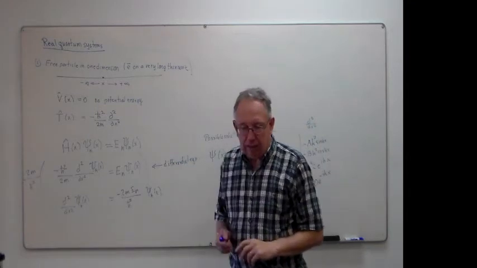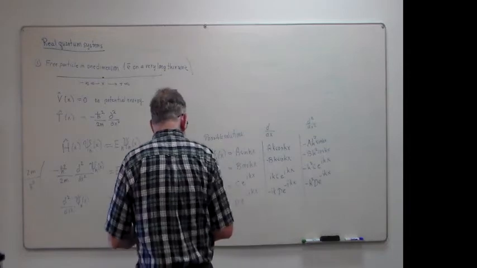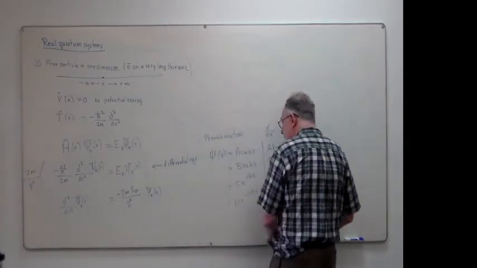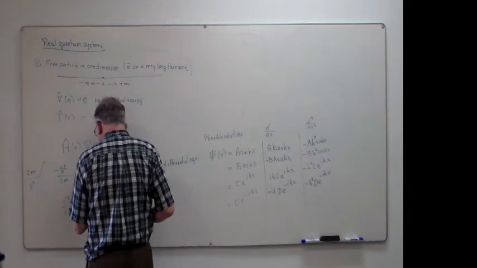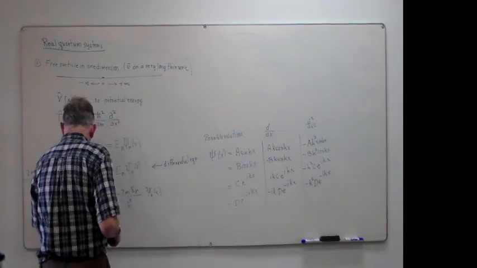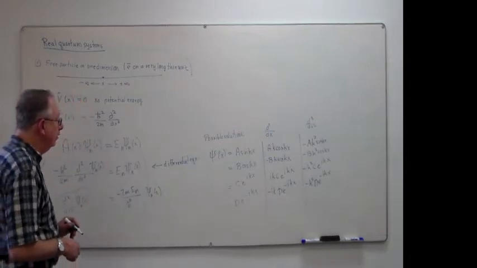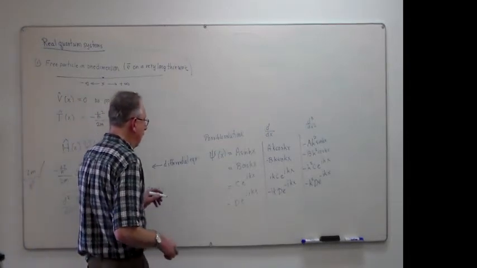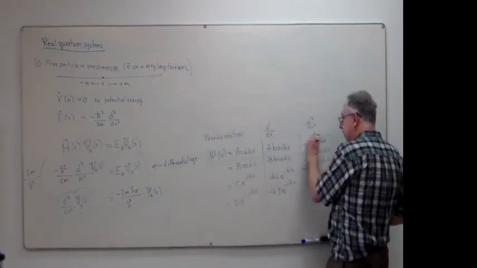Oh, this is kind of interesting, isn't it? Okay, because we know what the second derivative is, don't we? The second derivative, and let's choose the first of our functions.